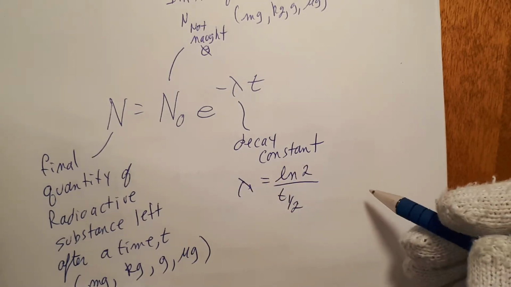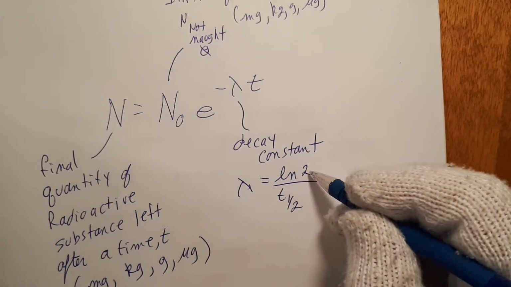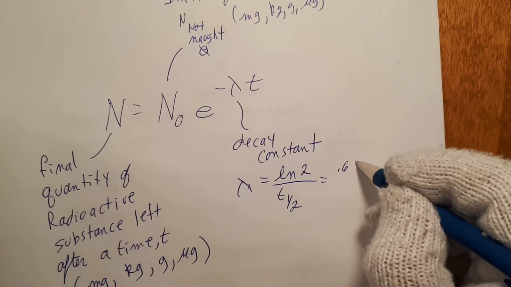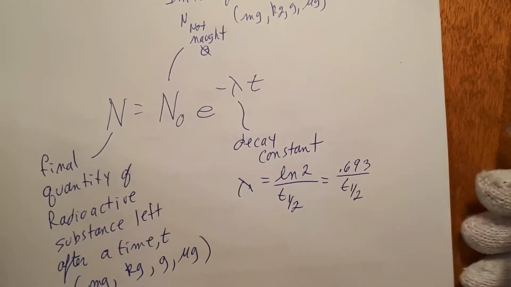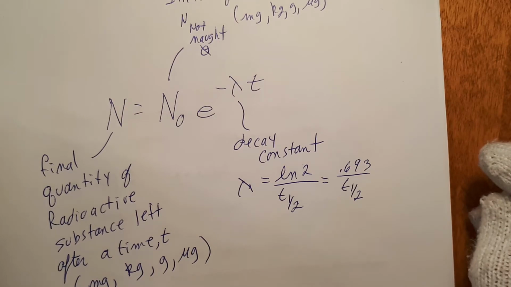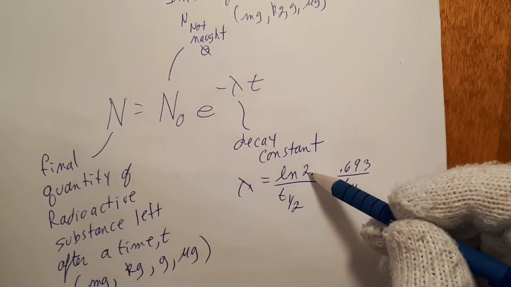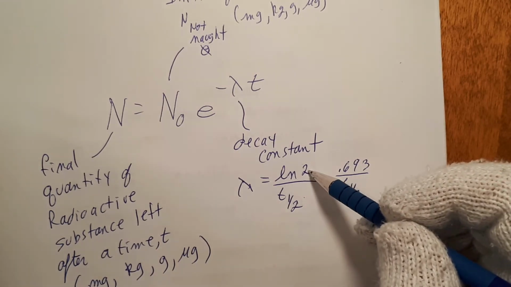Therefore, it also has its own value of lambda. Sometimes this is shortened. The ln of 2 is 0.693, etc. Sometimes this is simply shortened to 0.693 divided by the half-life. I'd prefer to use ln 2 and just use all of the values of ln 2 in the calculator.